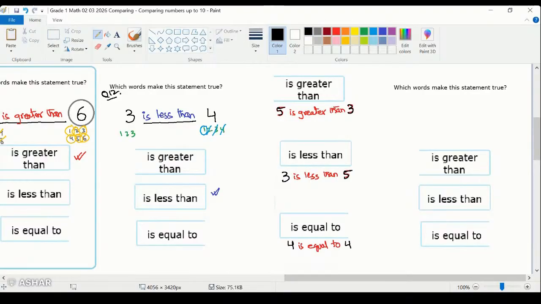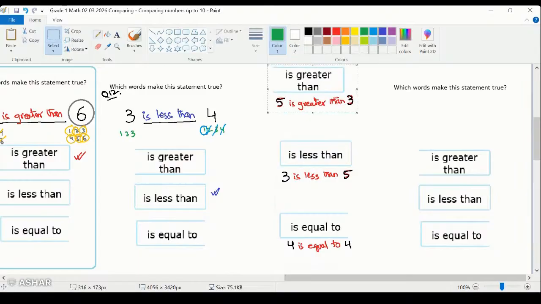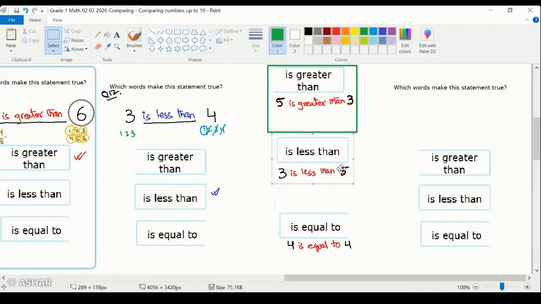Agreed? So we agree on the first statement that 5 is greater than 3. If I write this statement, 5 was greater than 3. We agree on this. And the next statement we have is 3 is less than 5. There's a reason why I'm doing this. Just a moment. Rather than writing every single time, we can also use a sign for it.